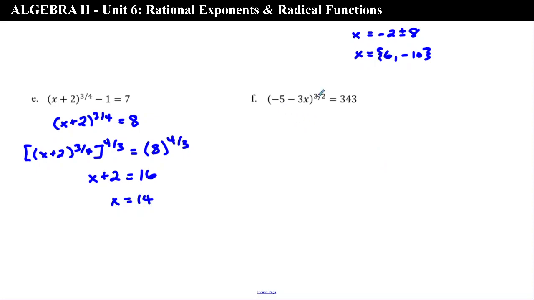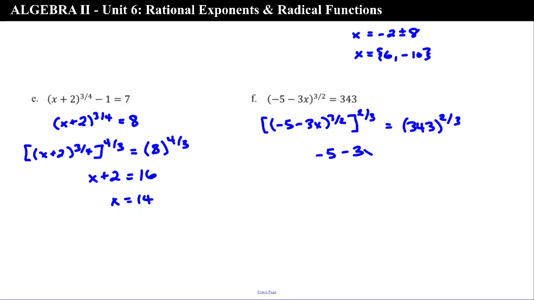And then our final example, we're already isolated, so we're going to take -5 minus 3x to the 3 halves, and we're going to raise it to the 2/3. We're also going to raise 343 to the 2/3. So the left-hand side, your powers cancel each other. You get -5 minus 3x.